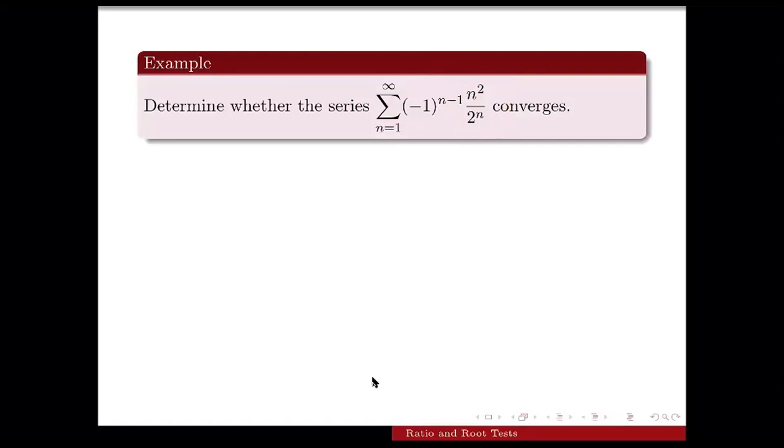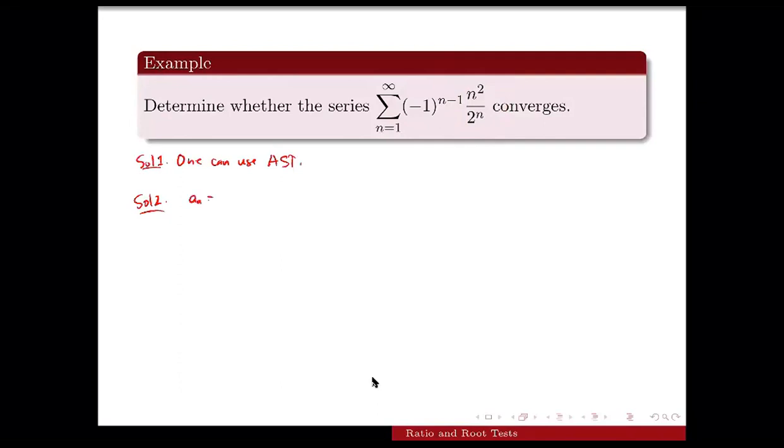You can use your alternating series test here. So, solution 1: one can use the alternating series test, but we will do the ratio test instead.